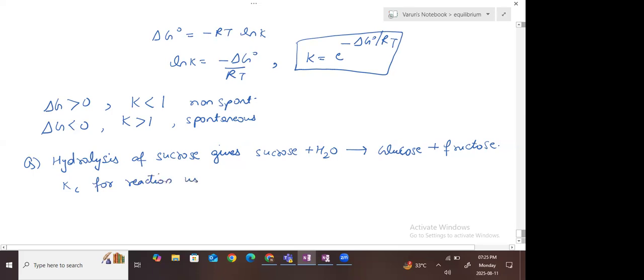Kc for the reaction is 2 into 10 to the power 13 at 300 Kelvin. Now calculate delta G naught.